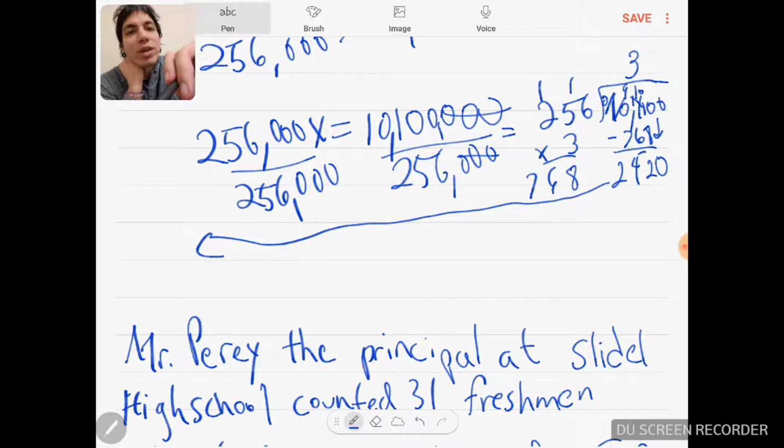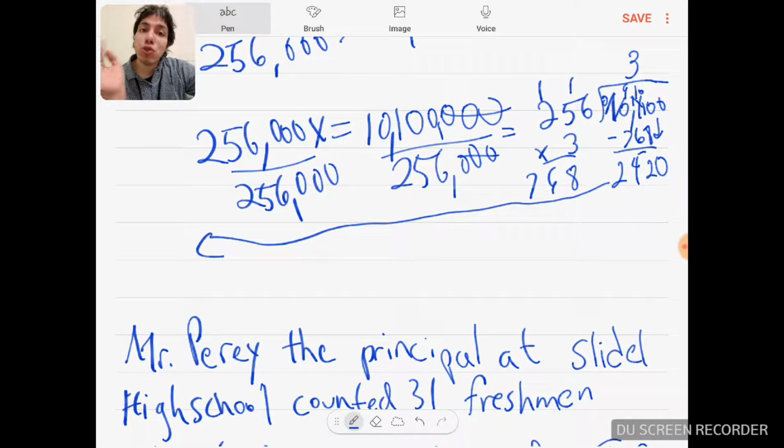So let's think about this. You see 256, right? We have 2,420. If I were to multiply 10 by 256 by simply adding a 0, I'd get 2,560, which is way too big.